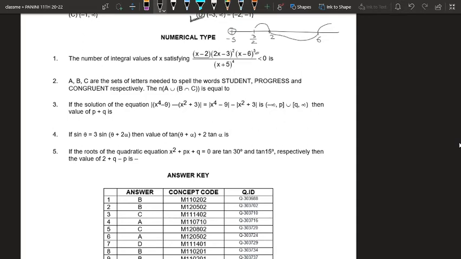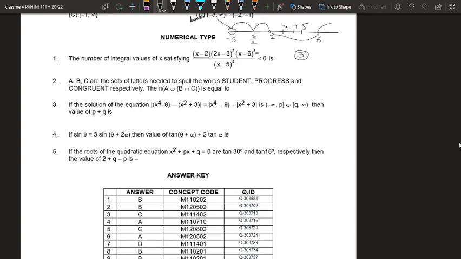Now 3 by 2 comes from this, power is even, so again positive. Now less than 0, and number of integral values: there are 3, 4 and 5. So the answer is 3.